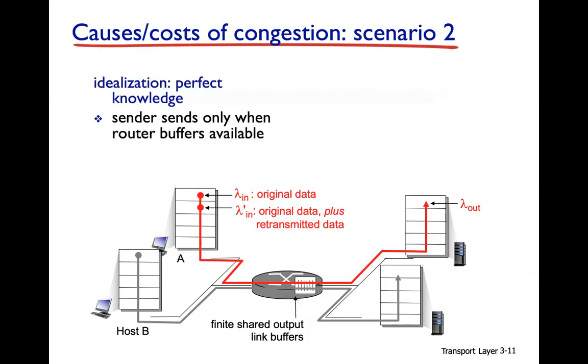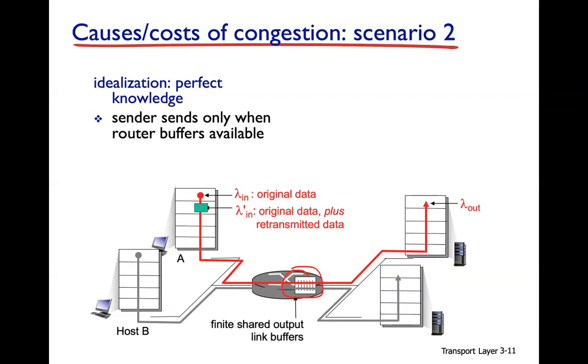So what will happen? If you have perfect knowledge, then you can reserve the router buffer. If I know the available buffer size, then I just send enough data to the buffer, so I will not go beyond the buffer at the router. But this is not the case.